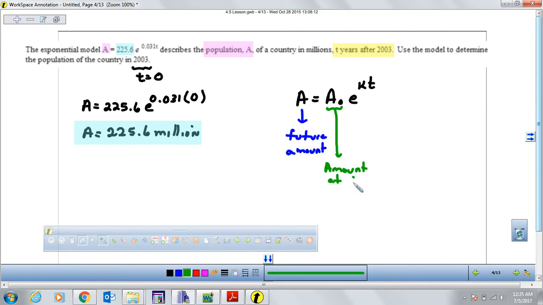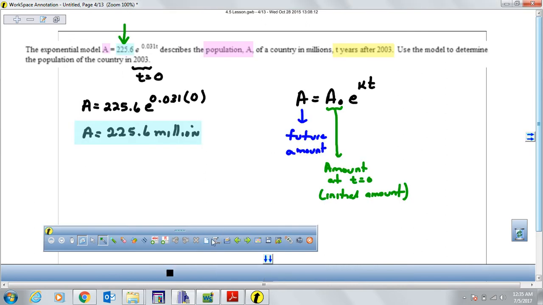That's what the little 0 is. The amount at time equals 0 is another word for the initial amount. And that's exactly what we were looking for in this problem. Since we were looking for the population at t equals 0, that means the initial population, and that is always represented by the A sub 0, which is the number in front of the e in my function.